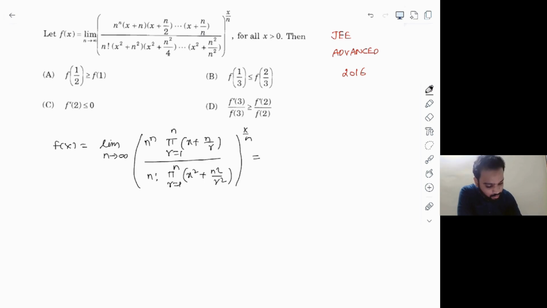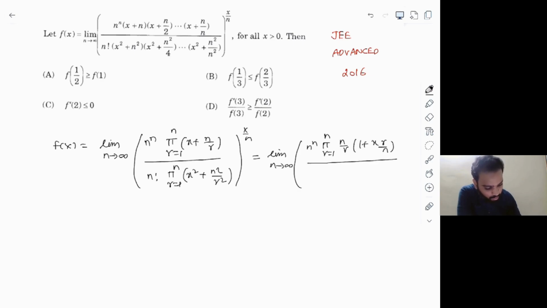What we are going to do is limit n tends to infinity. This is n to the power of n multiplied by, in the numerator, I am going to take that n by r common, which gives us pi r equals 1 to n of n by r multiplied by 1 plus x into r by n.